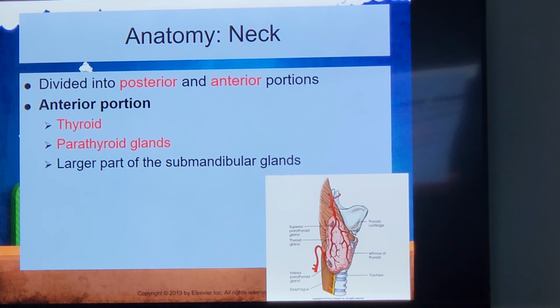And we have the parathyroid glands on the top and the bottom on either side. So each side of the thyroid gland has the associated parathyroid glands on the superior side and the inferior side.